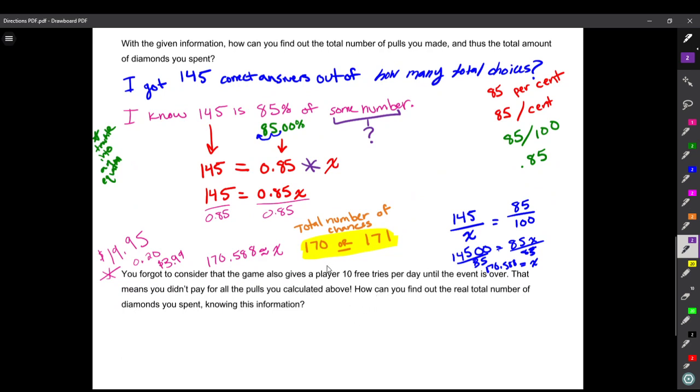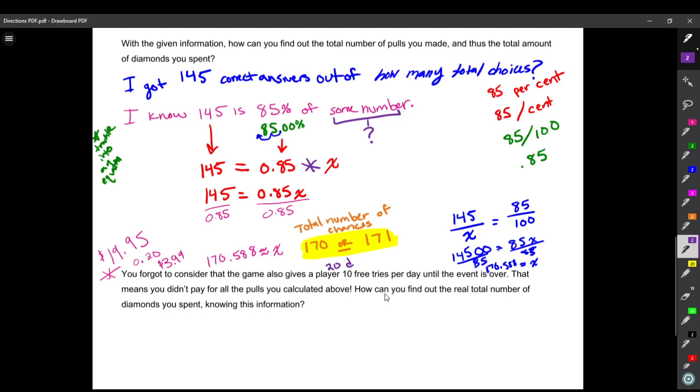Because if you spend 20 diamonds on each pull, the only natural thing to do is say, if I'm pulling 170 times, I need to times 20 by 170. 20 times 170 is 3,400.